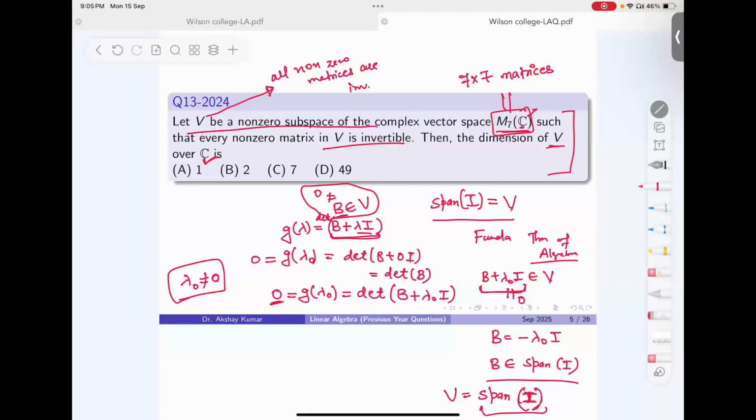So anyhow, it has some multiple of the identity matrix. How will you relate this thing with the rank of a matrix? Here, your space consists of matrices. It is not a single matrix. Okay, sir. Thank you.